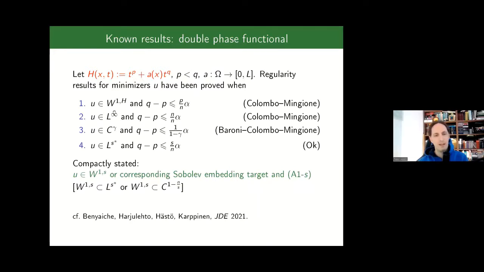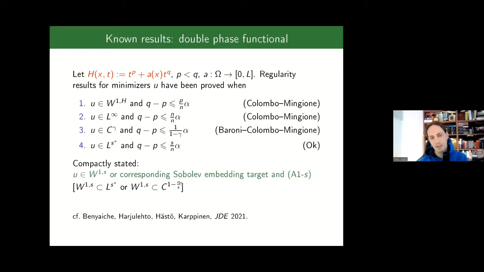And here they can be compactly stated as this u in W^{1,s} combined with the condition A1-s. And this W^{1,s} can be replaced by the corresponding target of the Sobolev embedding, so L^{s*} or C^{0,γ} with γ equal to 1 minus n over s.